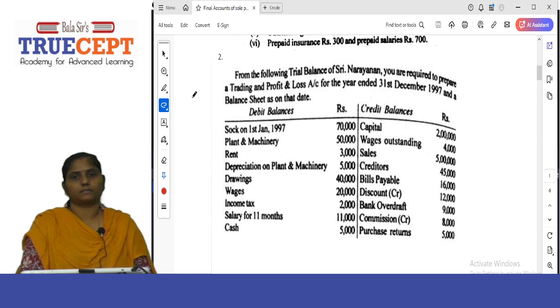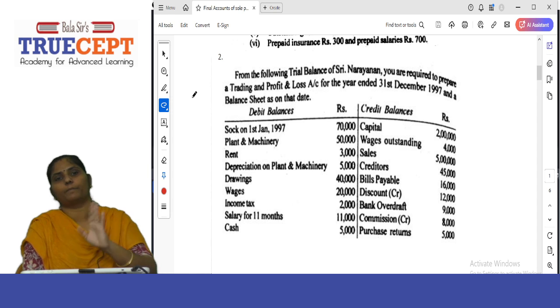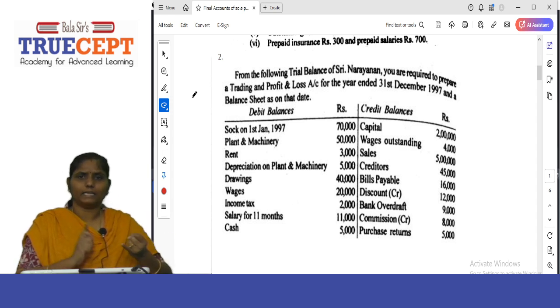So income tax and life insurance premium are treated as drawings. We will not put this in the profit and loss account. If you take it to the profit and loss account, you are treating it as a business expenditure. Only business expenditure will get debited in the profit and loss account. Therefore, please do not take this, because it's a personal expenditure of the proprietor. Clear? Income tax and life insurance premium.